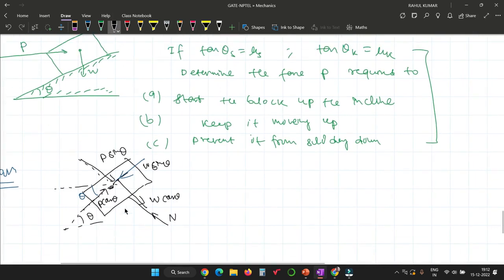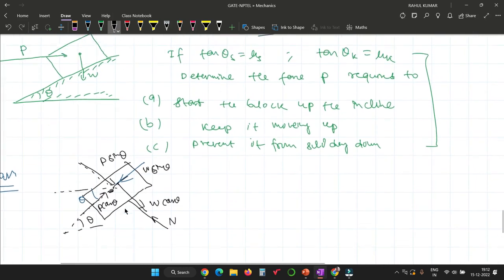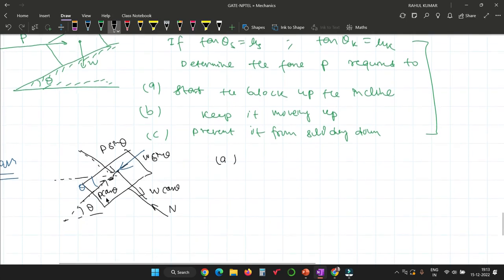I'm not drawing any direction of frictional force because we have to consider three situations. The first situation says the force P required to start the block up the incline. If we want to move the block up, then P cos theta must be greater than W sin theta.